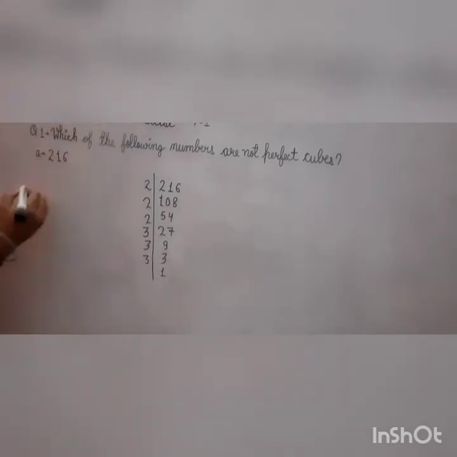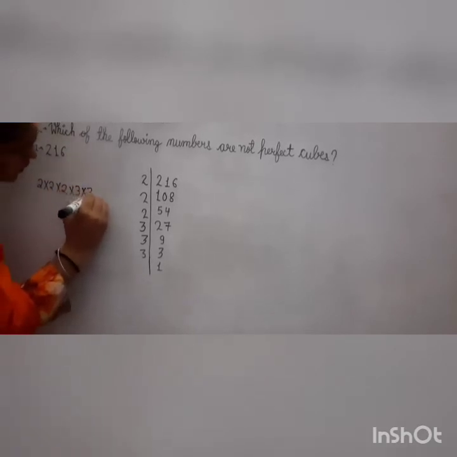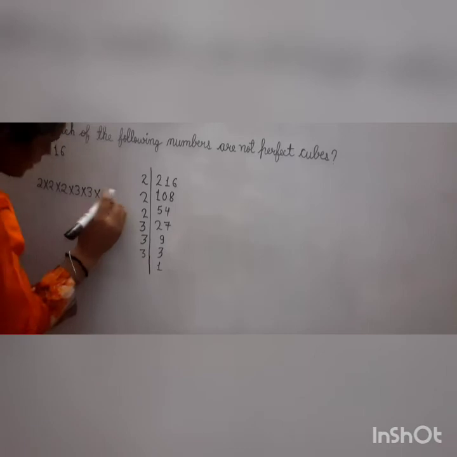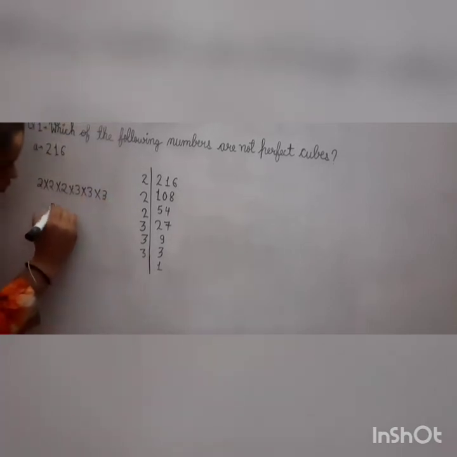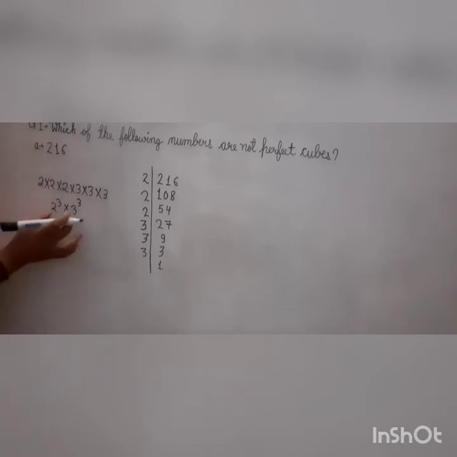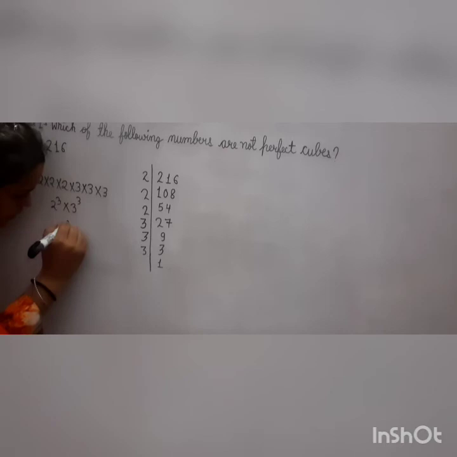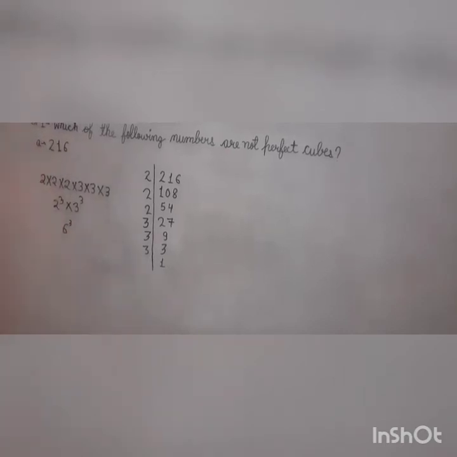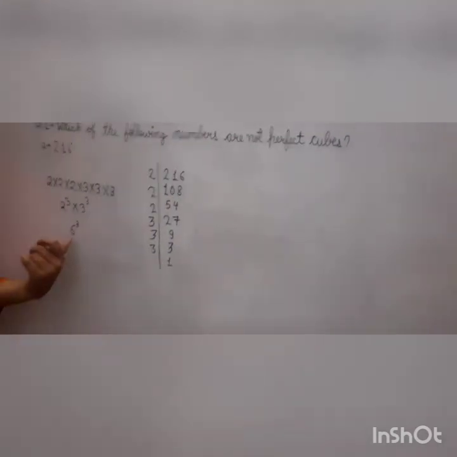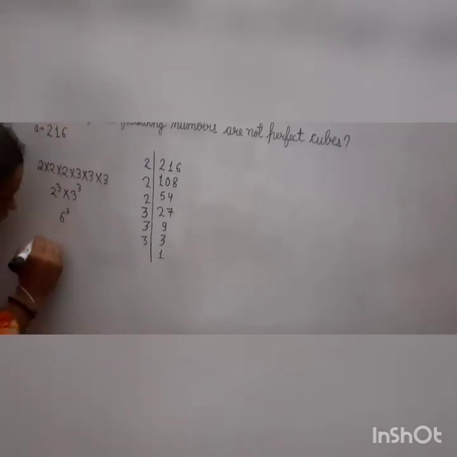Now you can write 2 multiply 2 multiply 2 multiply 3 multiply 3 multiply 3. It means that 2 is to the power 3, 3 is to the power 3. Now you know that the powers are the same, so 2 times 3 is 6. So 6 is to the power 3. Now you can see that 6 to the power 3 is 216, so 216 is a perfect cube.